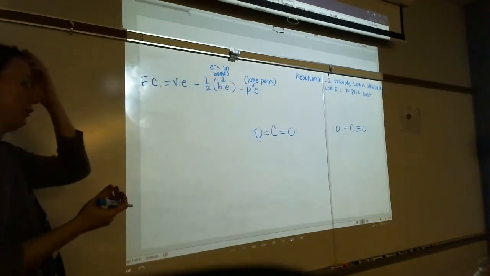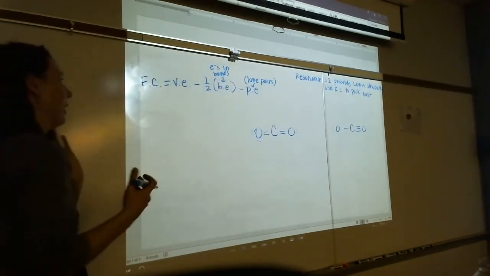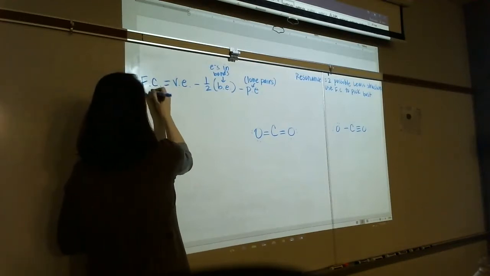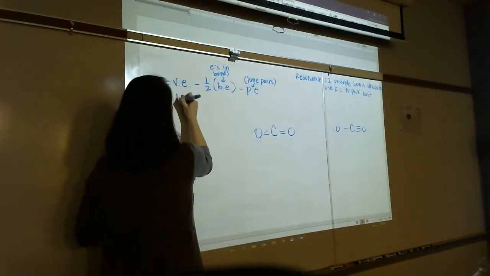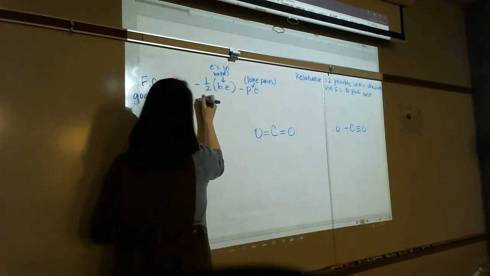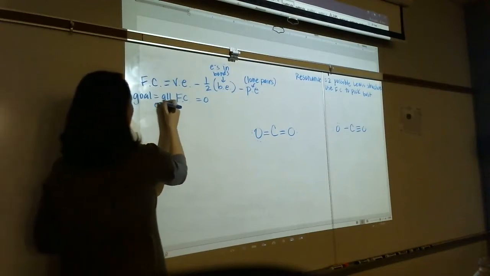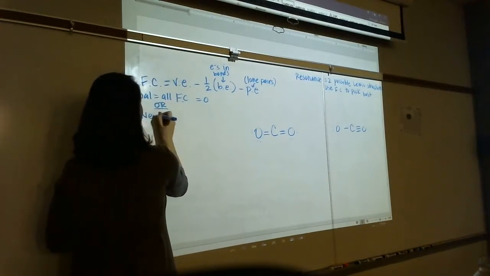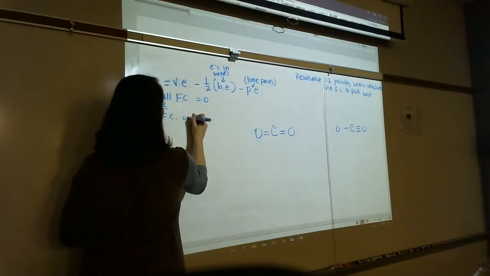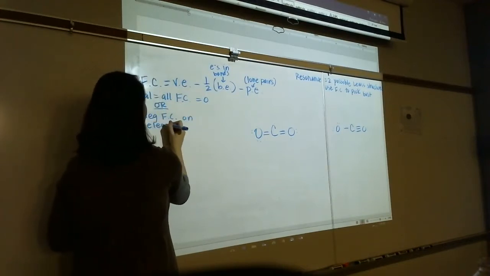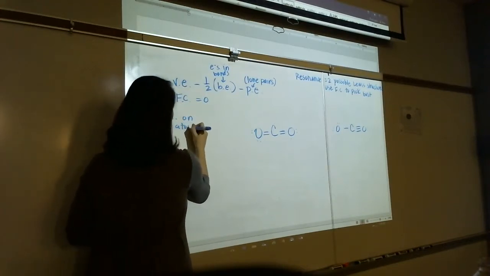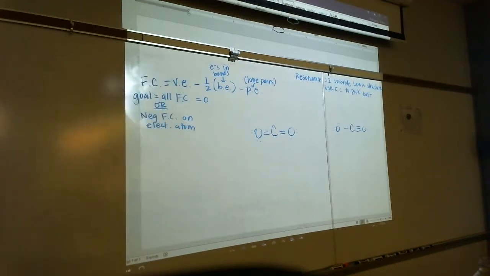Okay, so let's calculate the formal charge for each atom. Now the goal is all formal charges equal 0. And if that's not possible, have a negative formal charge on an electronegative element. So if you can't have all your formal charges be 0, the next best thing is to have all your negative formal charge on the most electronegative atom, whatever that is.